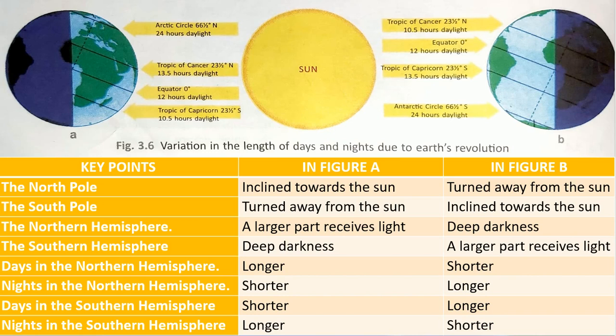Throughout the year, the length of days and nights is equal at the equator only. It is the only imaginary line where the length of days and nights is actually equal.